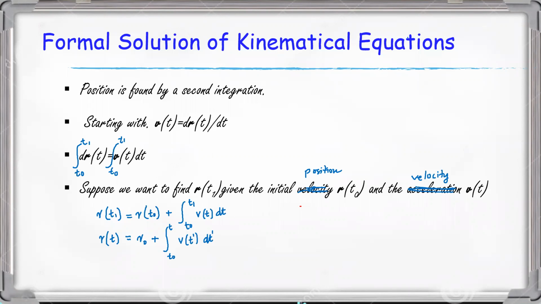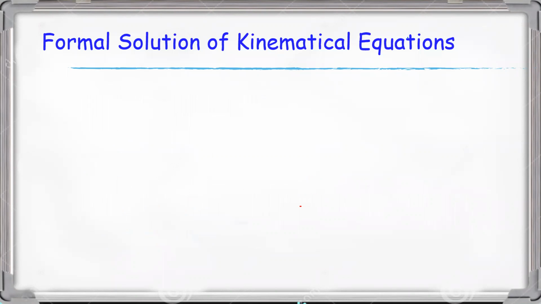Now we consider a special case of this, that is uniform acceleration. What does that mean? It means that the acceleration must be a constant.